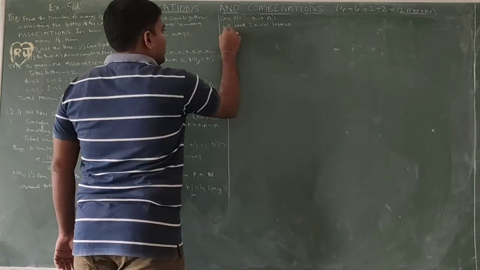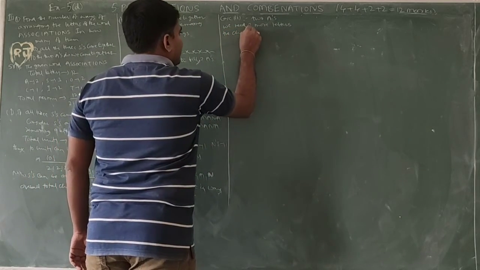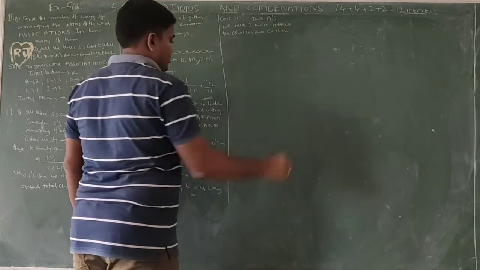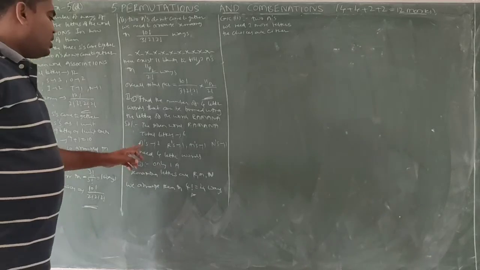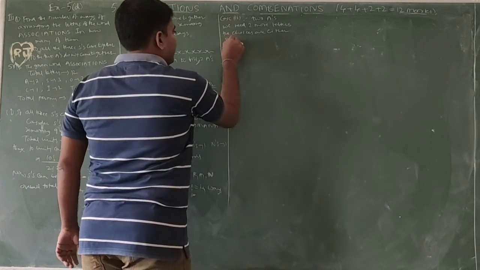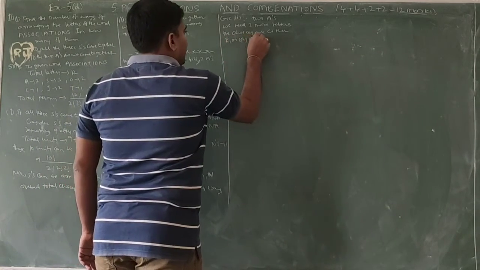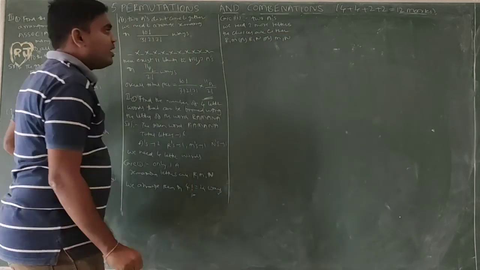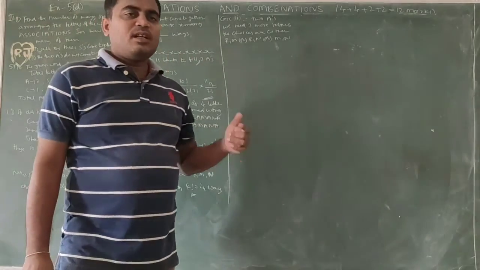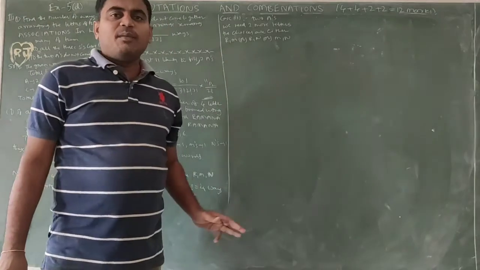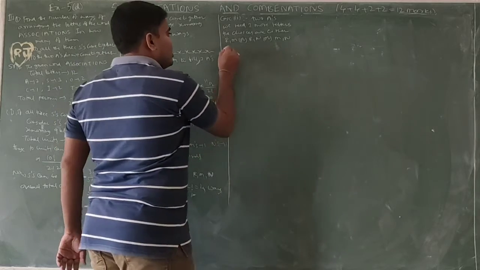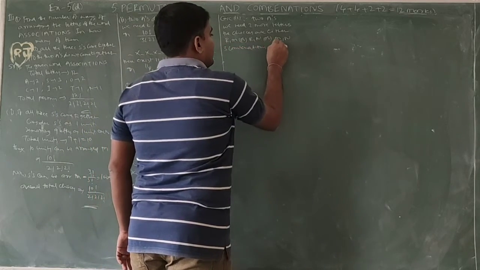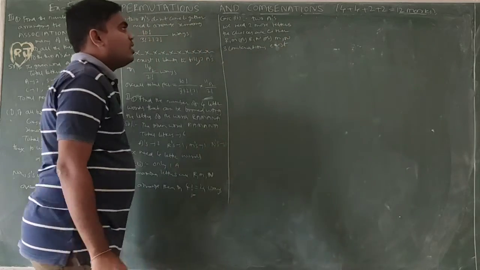The choices are either R, M, or R, N, or M, N. So either the RM combination, or the RN combination, or the MN combination. 3 combinations exist.